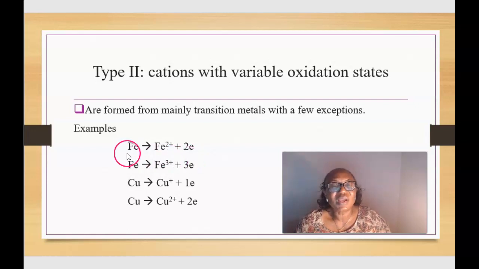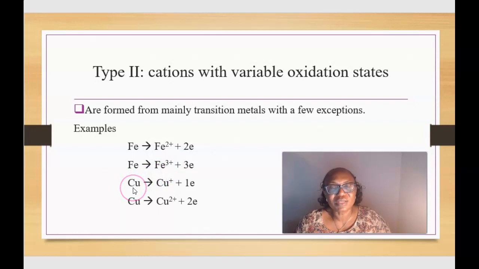For example, we have iron. Iron can give up 2 electrons to form a cation with a plus charge of 2. The same ion can lose 3 electrons to form a cation with a charge of plus 3. These two cations are very different, and in their compounds, their properties are different, so they have different names.